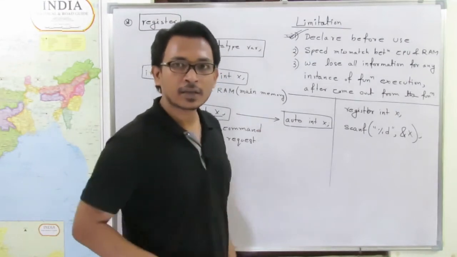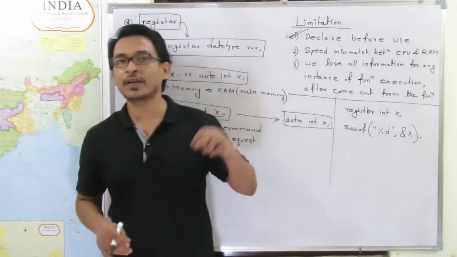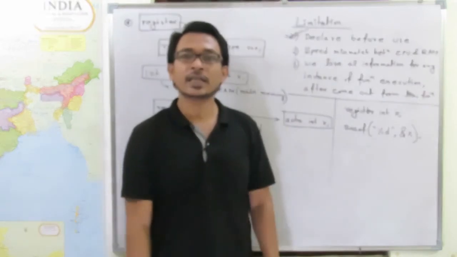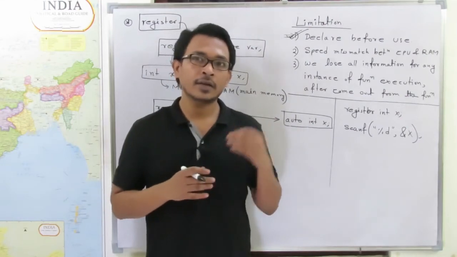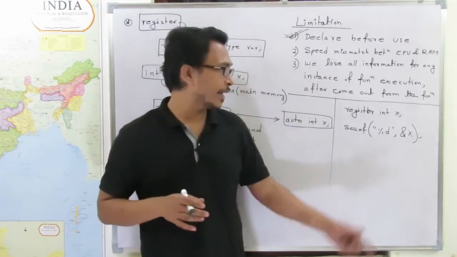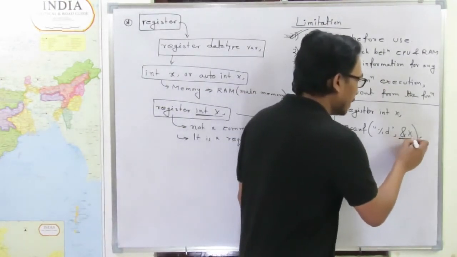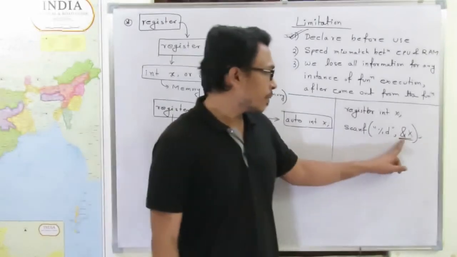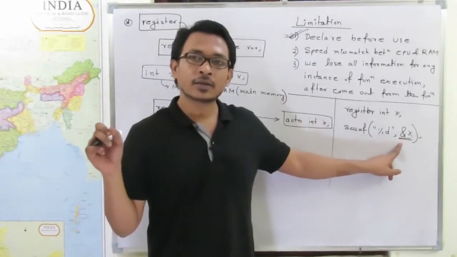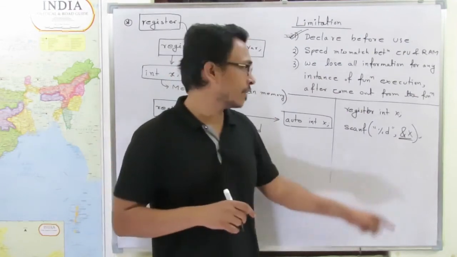And due to that reason, whenever we use the register storage class to declare any variable, we generally do not use those variables to take input directly, like this instruction. Clear? So as here we use the address-of operator with x, and this operator returns the base address of the memory block identified by the variable x.